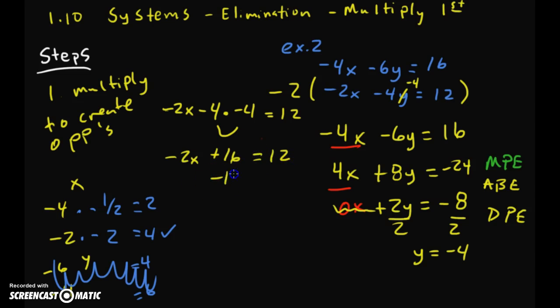And now we can use inverse operations. We got -2x equals -4, and we can divide by -2, divide by -2, and we've got x equals 2. Our coordinate point here is going to be (2, -4).